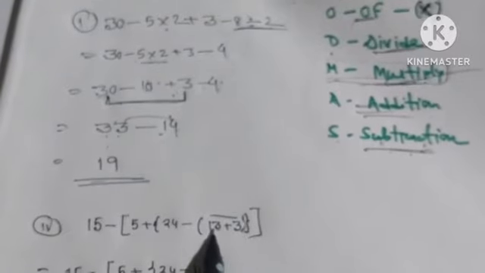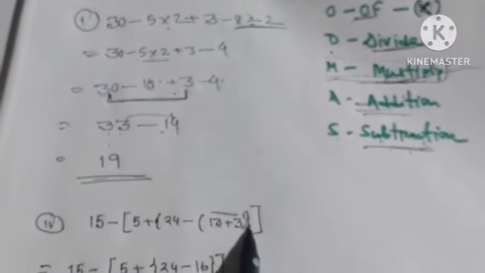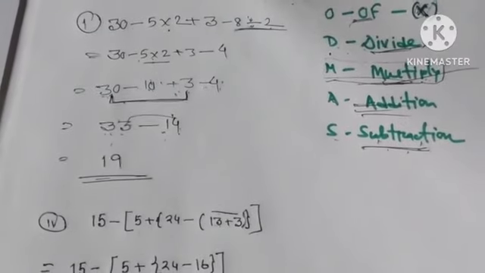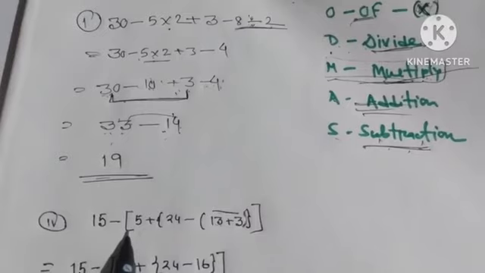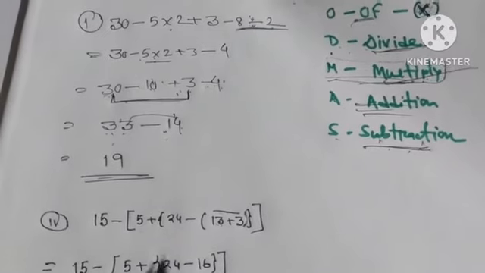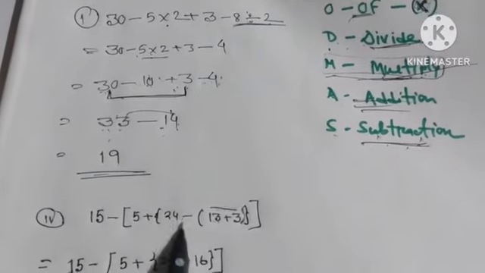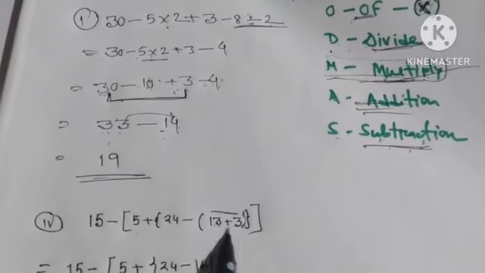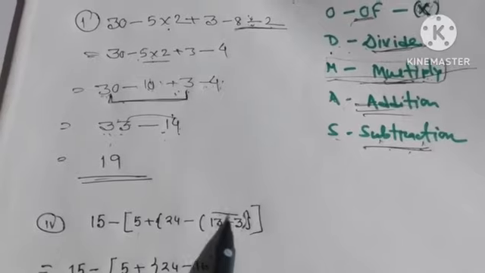There is 13 plus 3, that means 13 plus 3 is equal to 16. And all the remaining part is the same. That means 15 minus the big bracket, then 5 plus curly bracket start 24 minus, 13 plus 3, that means 16. We solve the line bracket.